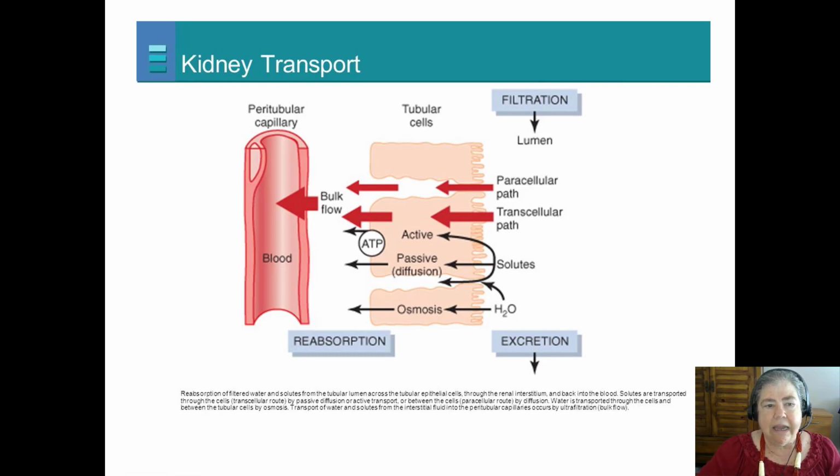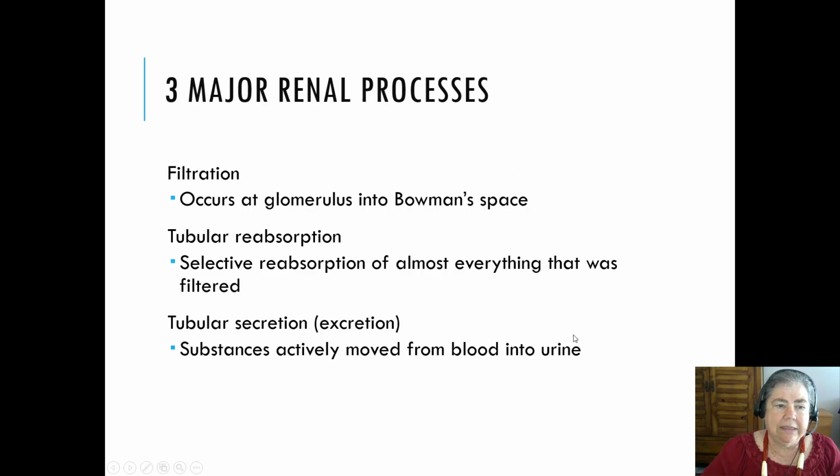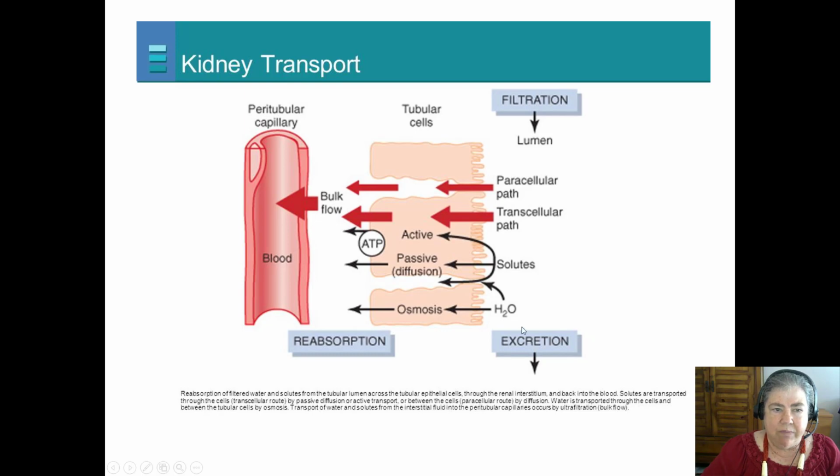And this is just a slide that is showing you these processes, although excretion here is referring to the urine being made and excreted, but there is secretion, sometimes called excretion, which is separate from this. Here we're showing a tubule lined by cells that are called tubular cells.